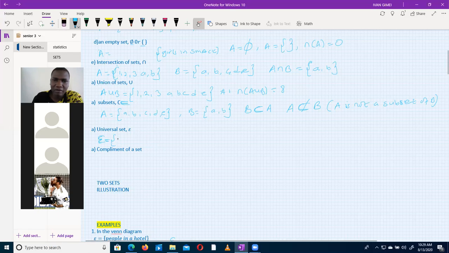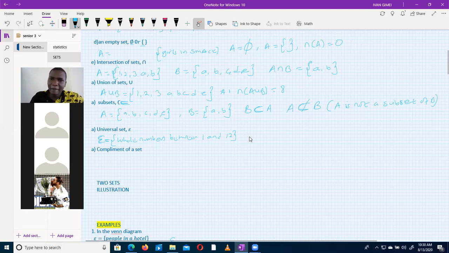I'm thinking of, let's say, the numbers are all numbers between 1 and 12, like that. This is my universal set. It is containing all numbers between 1 and 12.